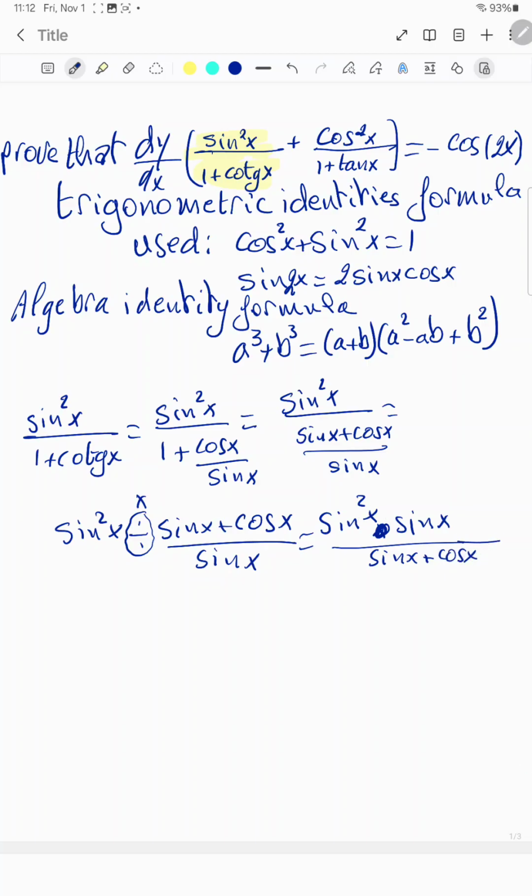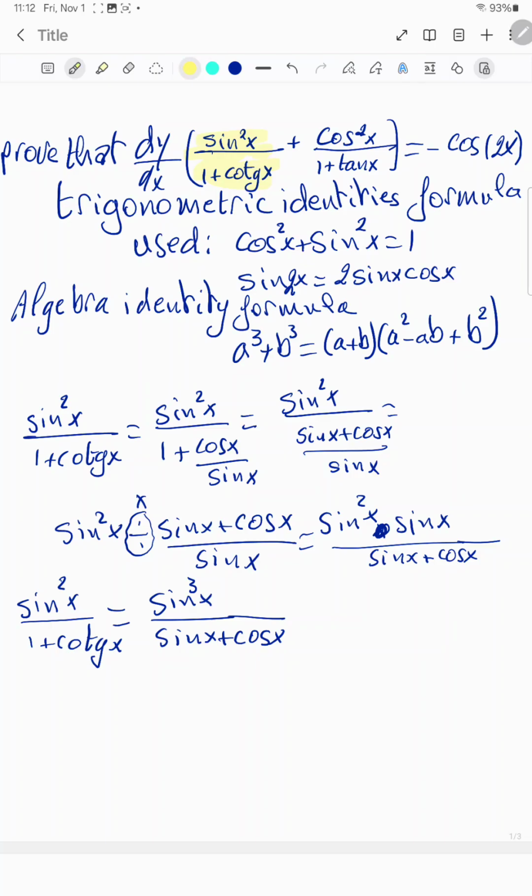So sine square of x times sine of x is equal to sine to the power of 3 of x. So my original function sine square of x divided by 1 plus cotangent of x is equal to sine to the power of 3 of x divided by sine of x plus cosine of x. And let's highlight it because I will be using it at the end.